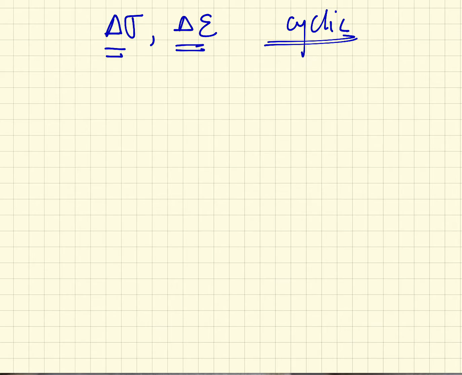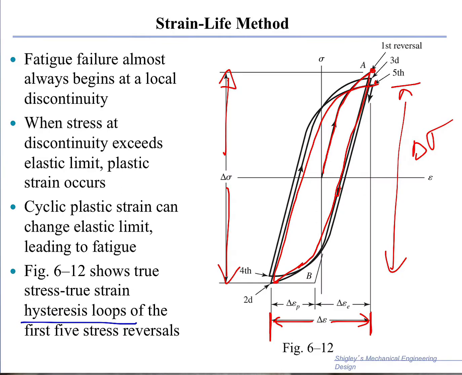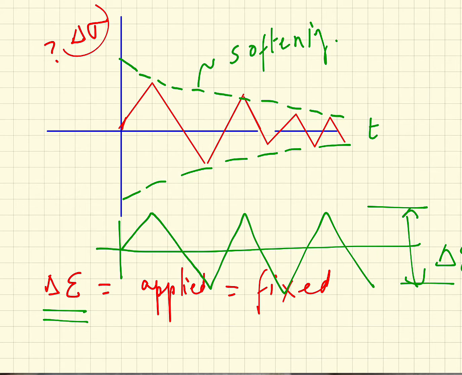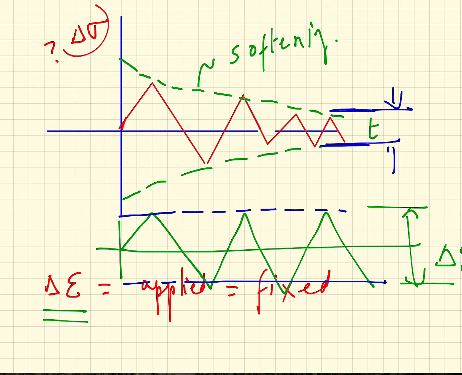If we make a table of delta sigma versus delta epsilon, each one of these will be considered one experiment, and that experiment will lead us to a saturation cycle. The saturation cycle will eventually give us the relationship between the applied delta epsilon that is fixed and the saturation value of delta sigma that results.